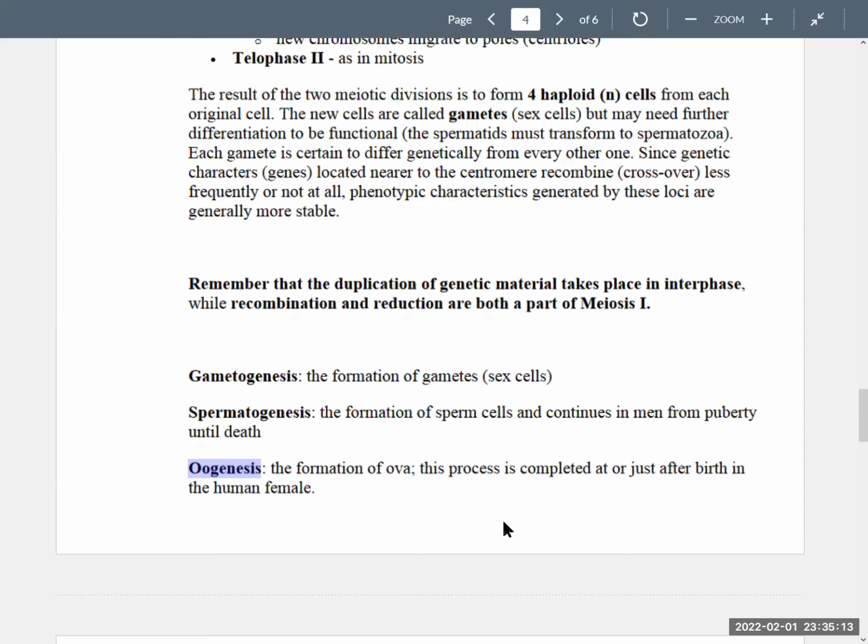So in a female baby, the ova are already present. There won't be any more. There shouldn't be any more anyway.